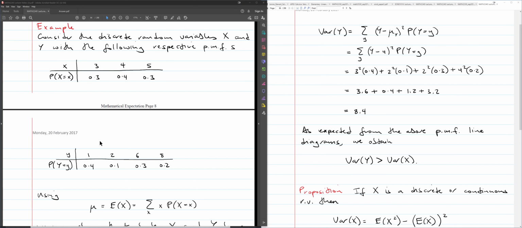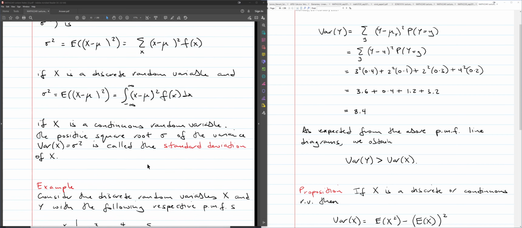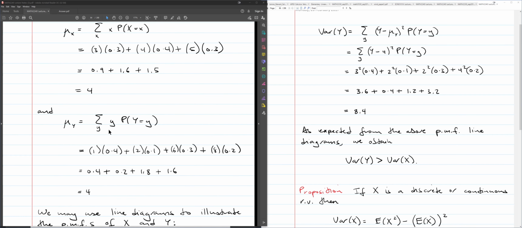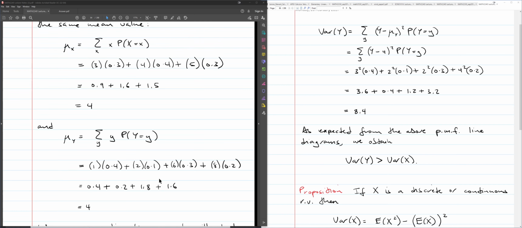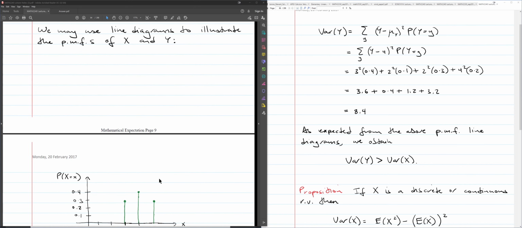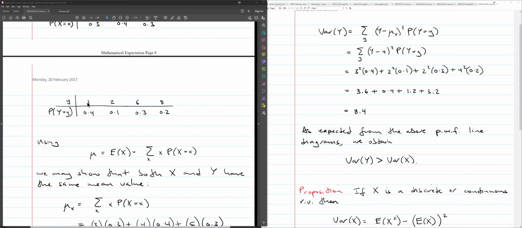For random variable Y, we worked out that the mean is equal to 4, so we're going to be using that 4 inside here. Now we put in the values of Y, which are 1, 2, 6, and 8, into the formula.